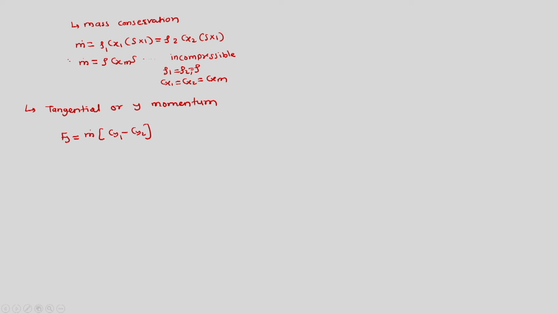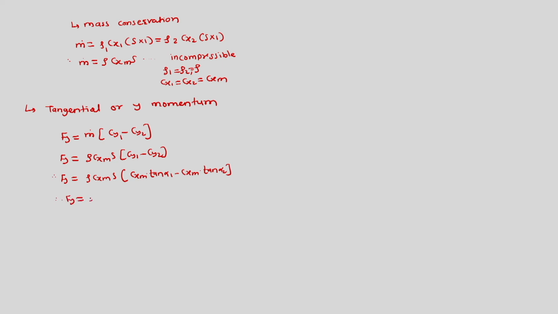So we can put the expression for m dot, rho Cxm S into Cy1 minus Cy2. So, we will have Fy is equal to rho Cxm into S. We can put Cy as Cxm into tan alpha 1 minus Cxm into tan alpha 2.